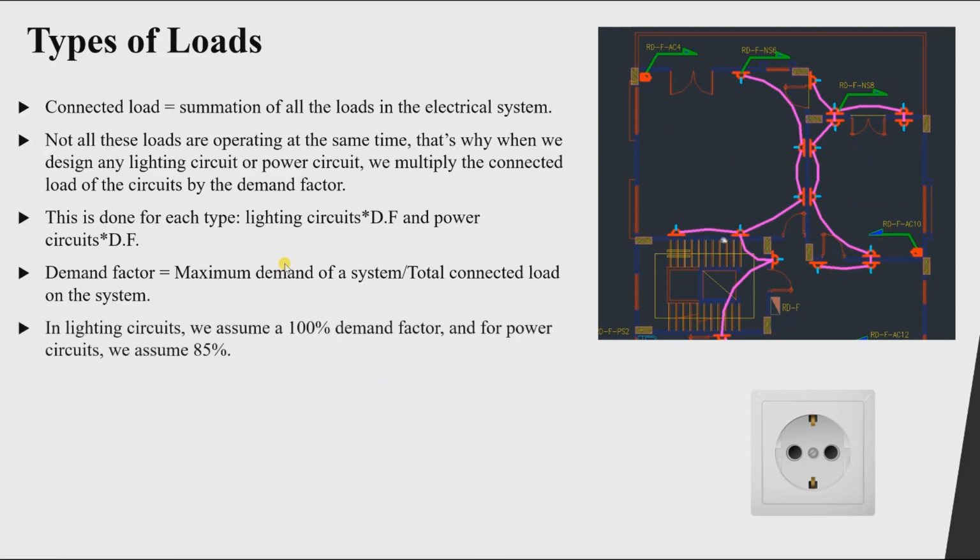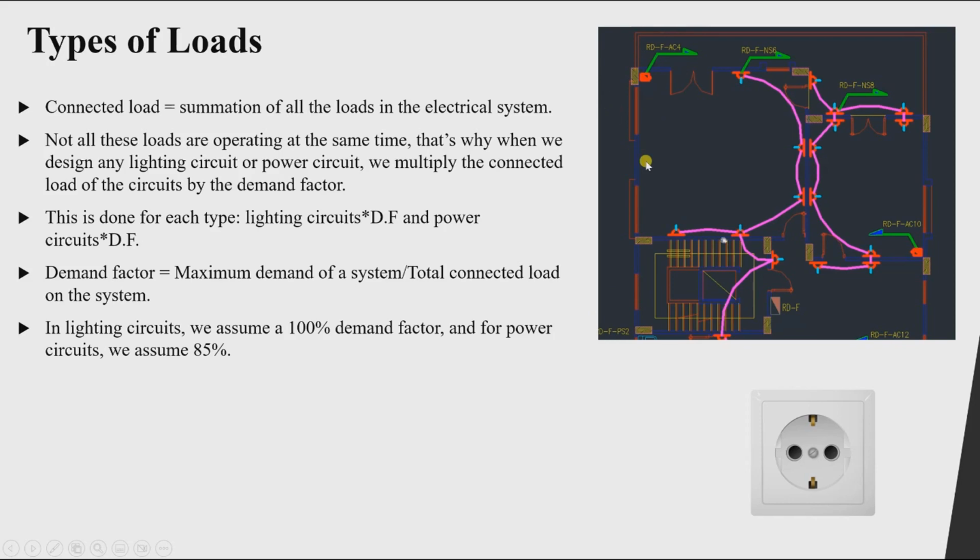Now in lighting circuits in my design in this course, I assume 100% demand factor, and for power circuits I assume 85%. And when I say power circuits, I'm talking about normal circuits here. For air conditioning and for electric heaters, I assume 100% demand factor.